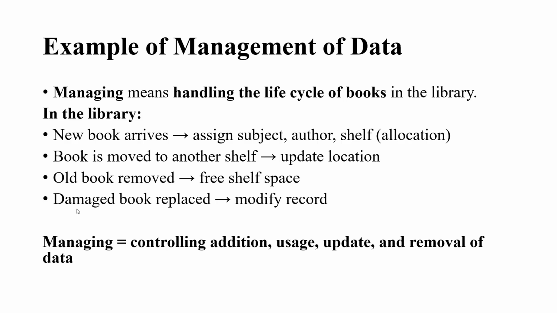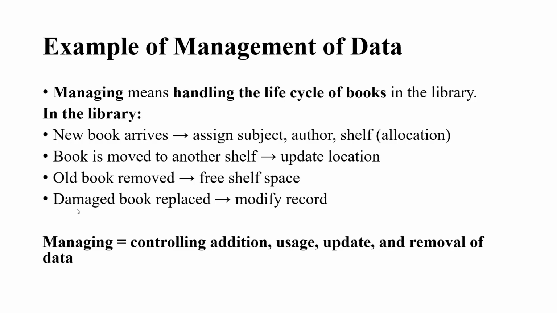That is nothing but memory allocation. Suppose you want to move a particular book to another shelf, that means update location. A book is moved from one shelf to another shelf. So this is also management of data only.